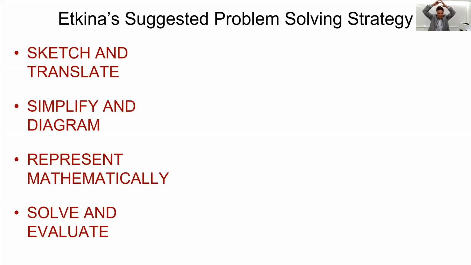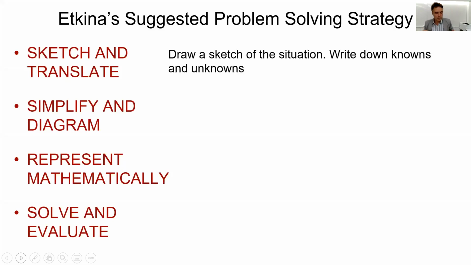All right, so this is the suggested problem-solving strategy. We're finishing up chapter 1 here, which we'll talk a lot more about in practicals, but this is a 4-step process that you can use for solving any physics problem. The first step is sketch and translate, which means you draw a sketch of the situation and write down your knowns and unknowns. You're trying to translate words into math, like numbers.